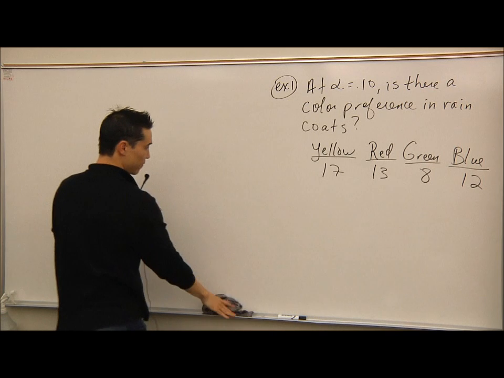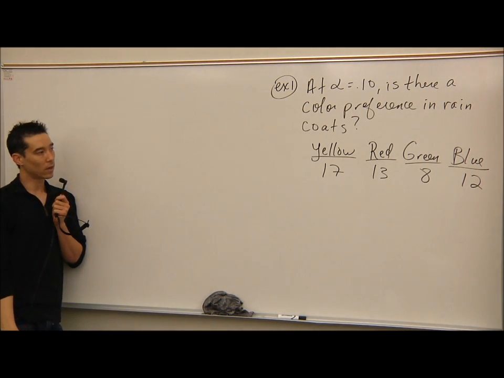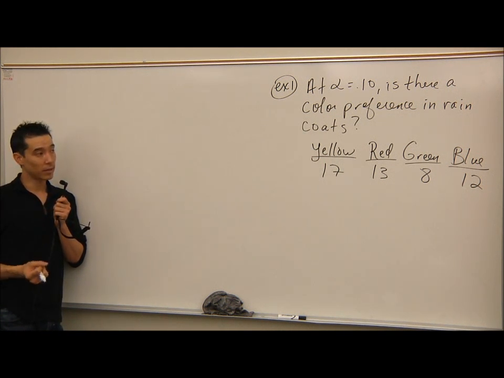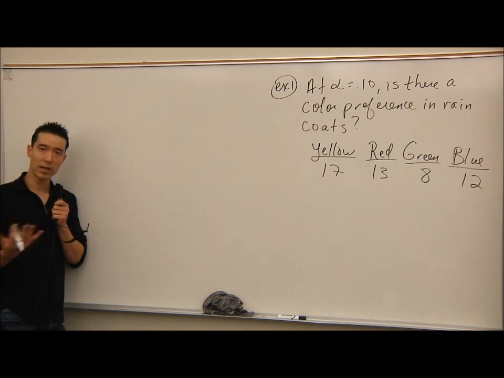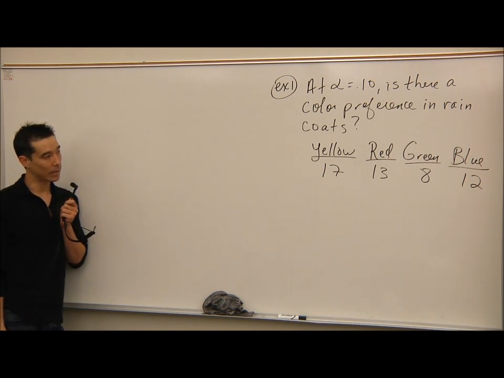So if we don't have an expectation, we don't know the color preference here, then we kind of say, well, we expect the color to be the same, right? That's kind of our normal stance. If you're going to show me that there is a preference in color, that's tending to be the alternative hypothesis. But our null hypothesis is that there's probably no preference and that colors are preferred equally likely, okay?